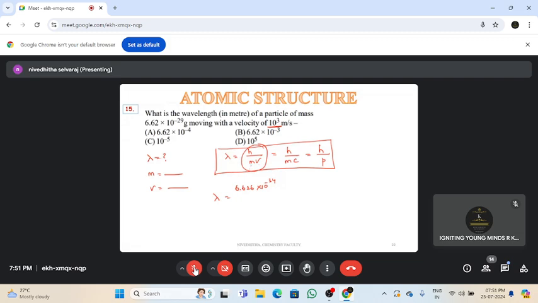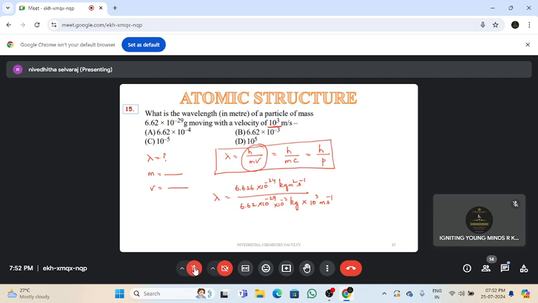So I should write Planck's constant in terms of kilogram: kilogram meter squared second power minus 1, divided by the mass of the particle, 6.62 into 10 power minus 29, and I'm going to express this mass in kilogram, so into 10 power minus 3 kilogram, and the velocity is 10 power 3 meter per second.